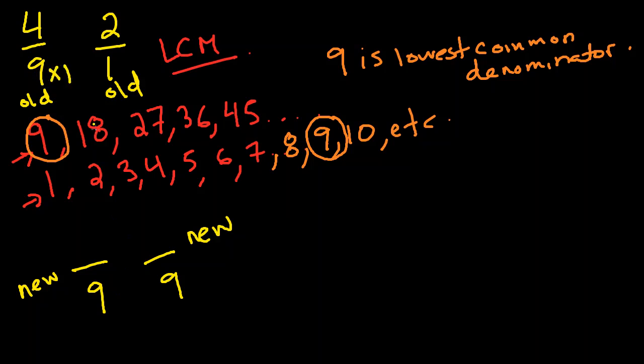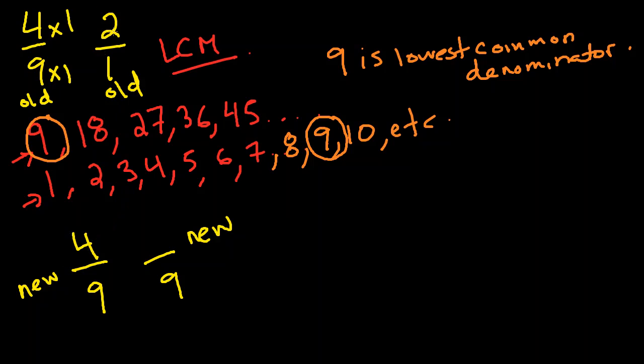So 9 times 1 gives us 9. The trick here is we have to multiply the numerator of the old fraction by the same number that we multiply the denominator of the old fraction. So here we multiplied 9 by 1, so we have to multiply the numerator, which is 4, by 1 as well. So 4 times 1 is 4, and that gives us the numerator of our new fraction.